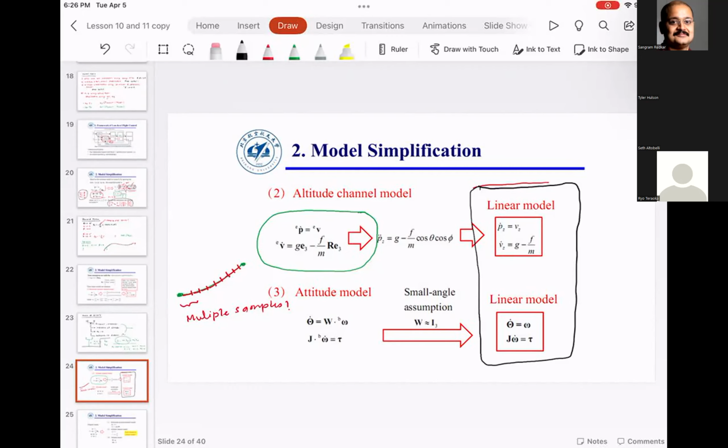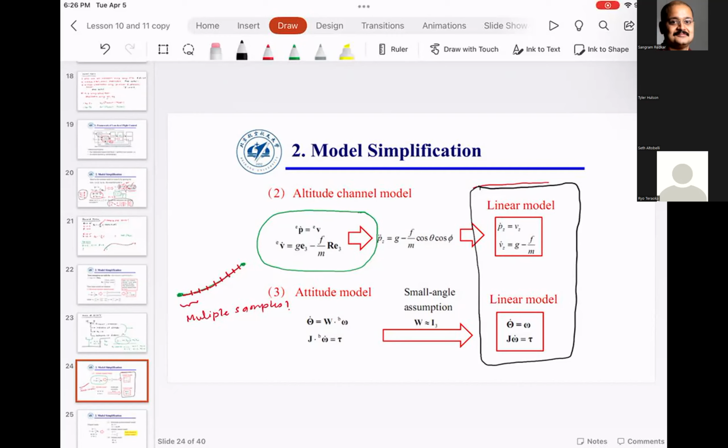Alternatively, there is a very nice algorithm called gain scheduling. What do you mean by gain scheduling? For example, we have decided some proportional control, some derivative control, and maybe some integral control for a small region of the flight.